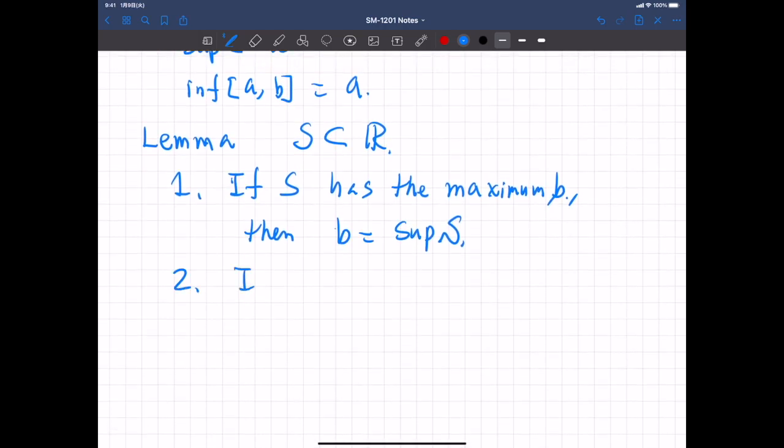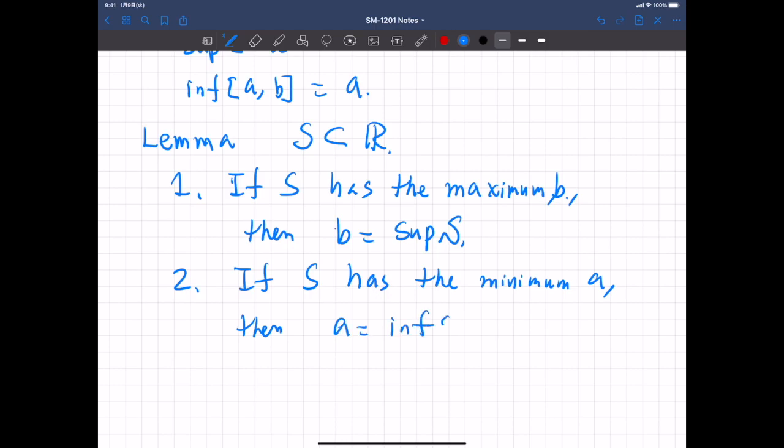And if S has the minimum, let's call it A, then A is the infimum of S. To prove this, just apply the definition of supremum and infimum.